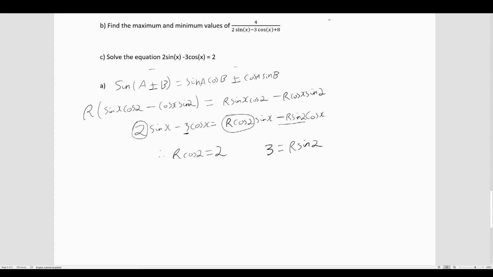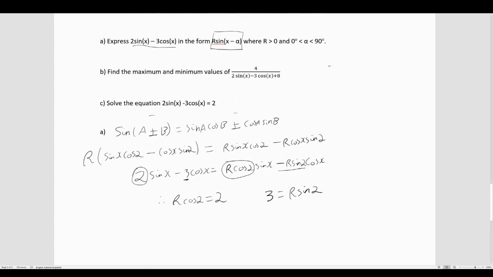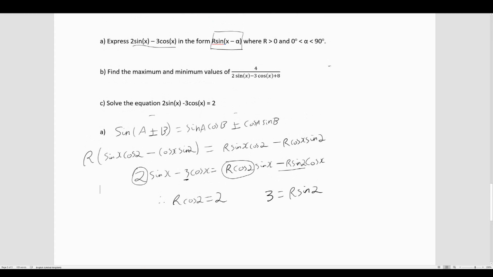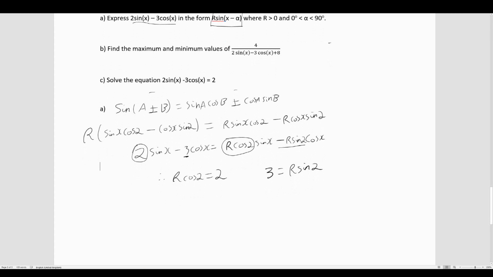Now, because alpha is strictly between 0 and 90, I know that neither sine alpha nor cos alpha is going to be 0, so it's safe for me to divide by cos alpha. So I take r sine alpha over r cos alpha, this divided by this, which gives 3 over 2, which is 1.5.